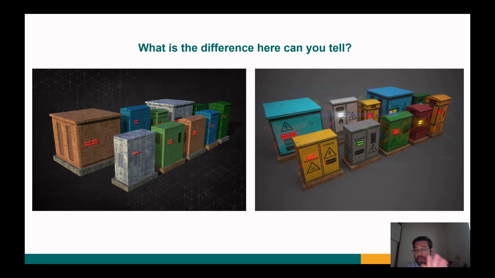But the second image is PBR texture, physically based rendering texture. You have heard the term very often, this is the PBR texture, this is the normal texture. So you can say that the first one is the normal texture, quite a simple, basic texture. But the second one is from the PBR texture.